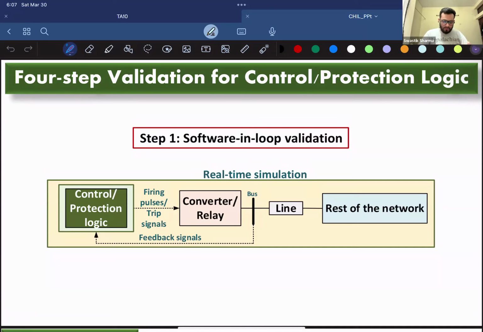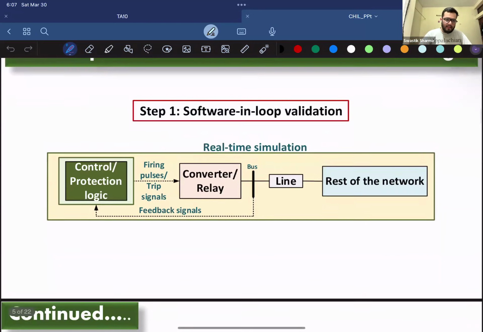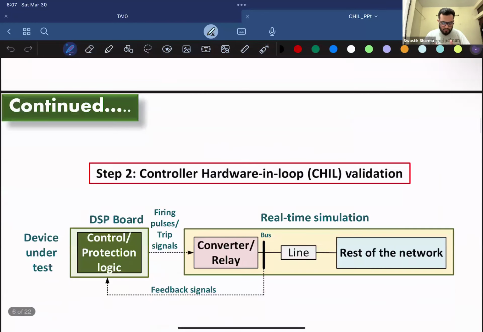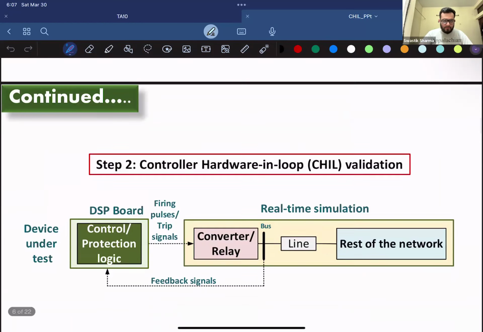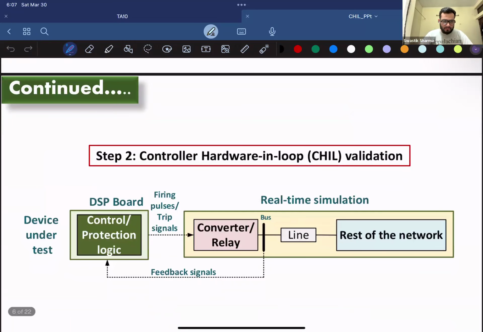The first step is you prepare your software in a real-time simulation platform, which is RSCAD for RTDS. There you test your control logic or your protection logic and see if it makes sense in real time. Then you move your control logic or protection logic out of that software platform into a hardware setup, and there you do controller hardware in loop validation.